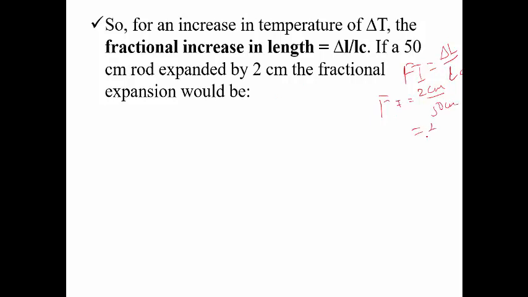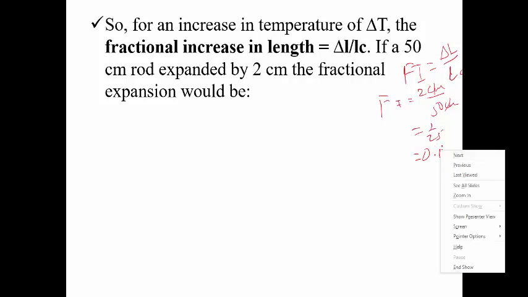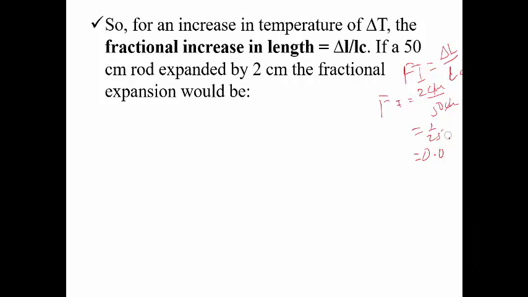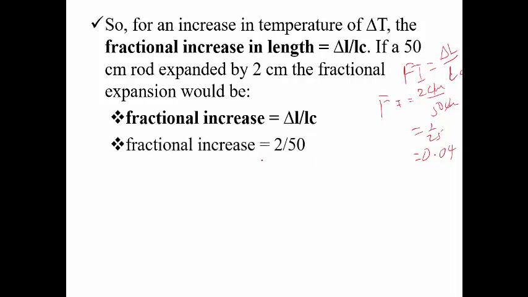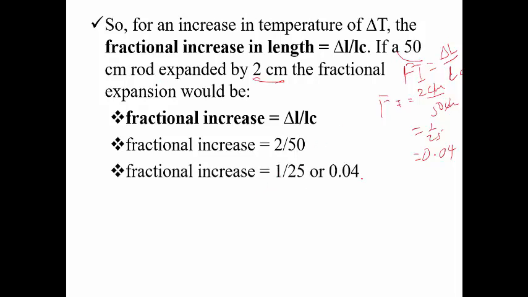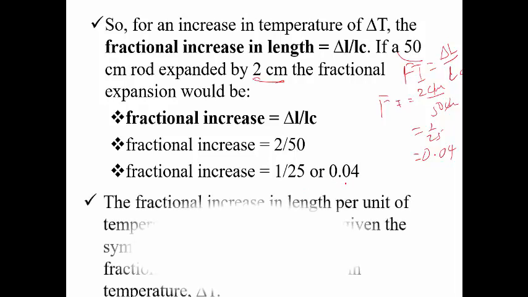This becomes 1 over 25, or in decimal terms 0.04. Therefore, the fractional increase is change in L over LC, where change in L is the expanded length and LC is the original length. Therefore, 2 over 50, and finally you get 1 over 25, or 0.04.